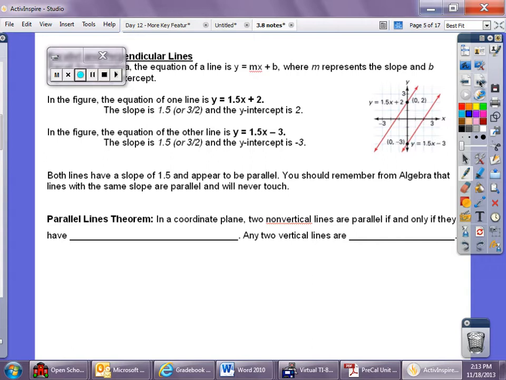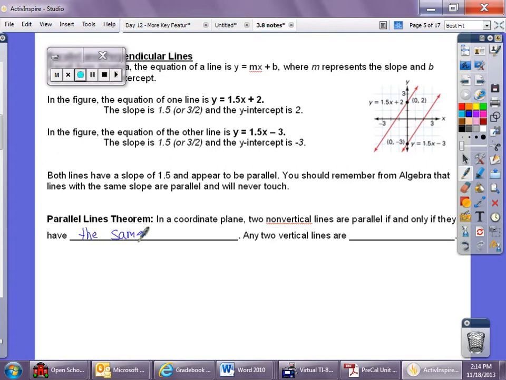Both lines have the same slope. They have a slope of 1.5, and they're parallel. You should recall from last year in algebra that lines that have the same slope are parallel and they will never touch. So our parallel lines theorem: in a coordinate plane, two non-vertical lines are parallel if and only if they have the same slope.